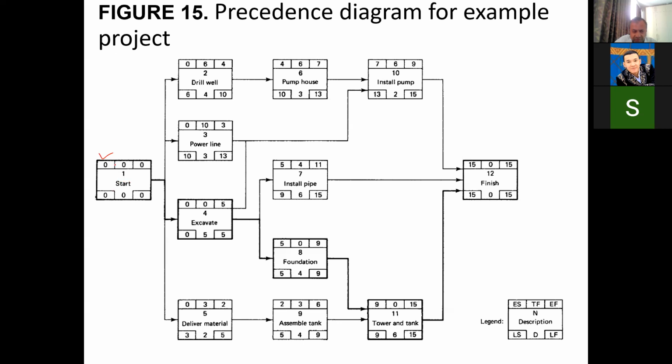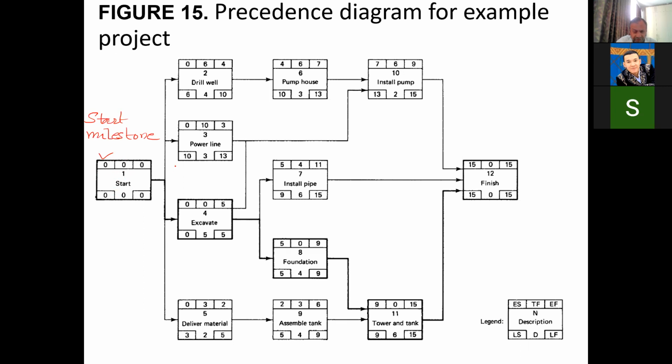You can see that the duration is zero, which means that this is not an activity. This is a start milestone. So a milestone is an activity with a 0 duration. This just shows that we are starting from here.